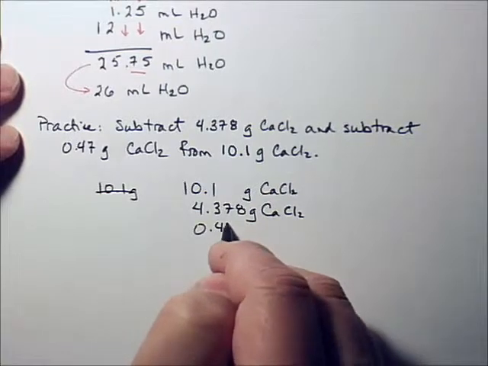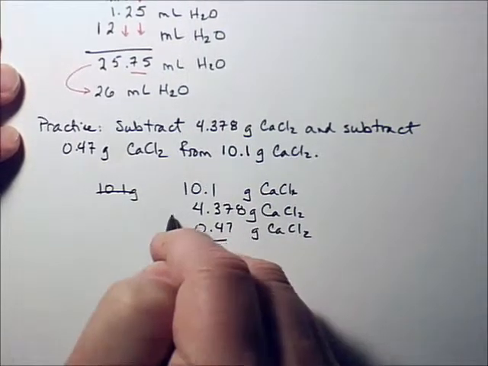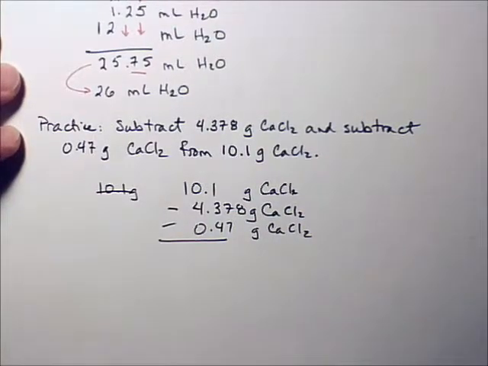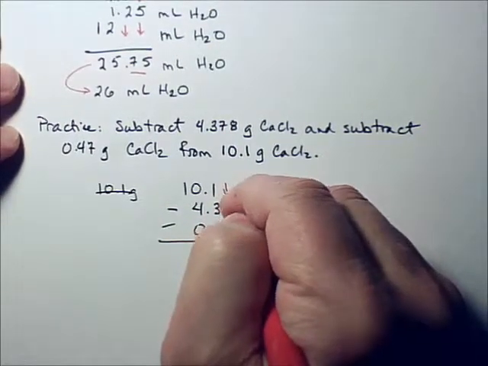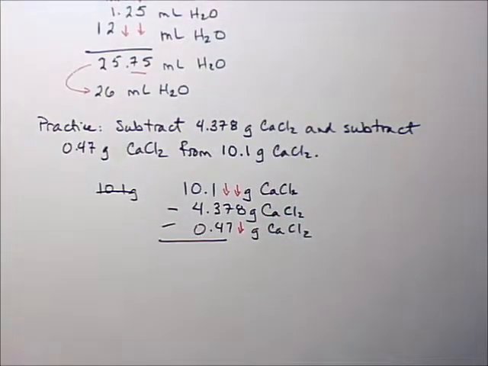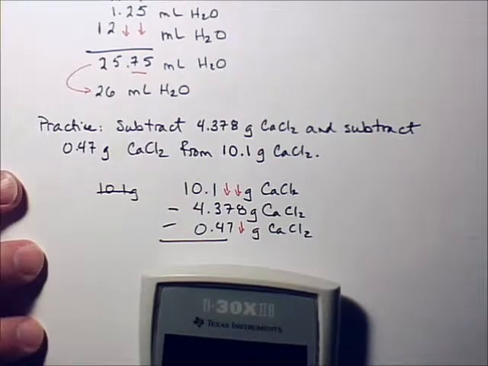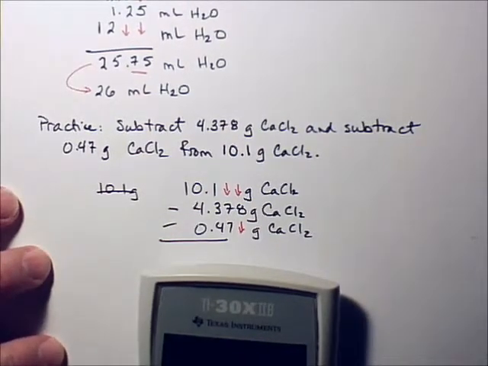And then I'm going to subtract 0.47 grams of calcium chloride. That makes sense? And there are going to be 2 empty slots here and 1 empty slot there. So you would round where the empty slots are? Exactly. Round where the empty slots are.